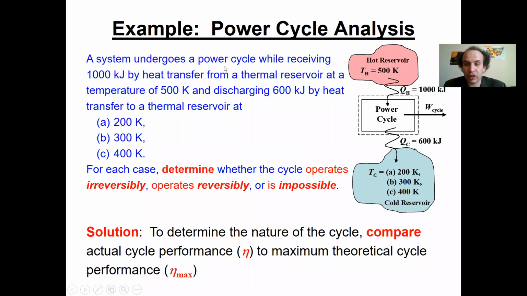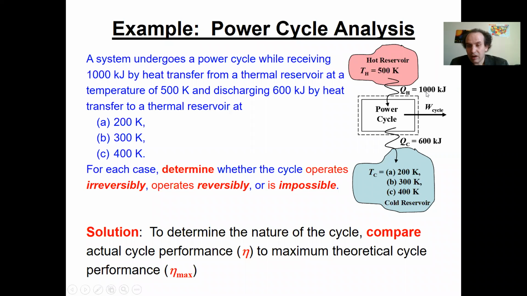So basically, let's see what you have. I recall we have a power cycle like this. It's stated that it operates between two reservoirs with given temperatures TH and TC, or TL, whatever it is. And it is stated that from the hot reservoir you get 1000 kilojoules.